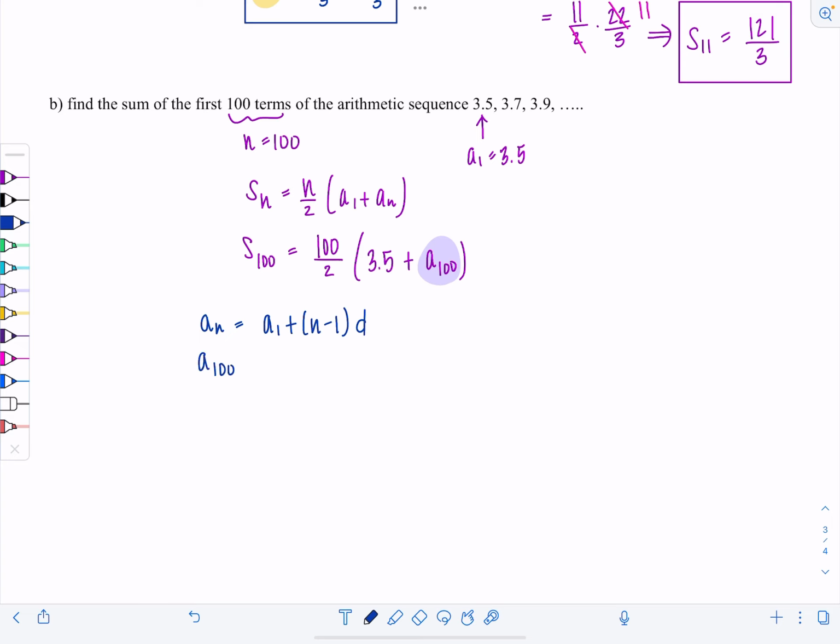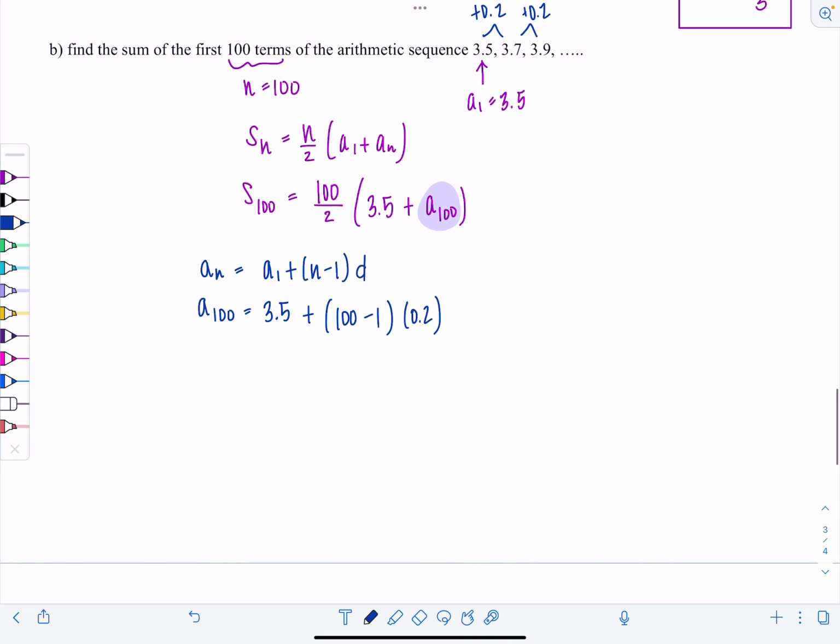So if I want the 100th term, I know a1 is 3.5 already, plus 100 minus 1 times d, the common difference. Can you tell what the common difference is? Hopefully, we're just adding 0.2 every single time. So d is 0.2.